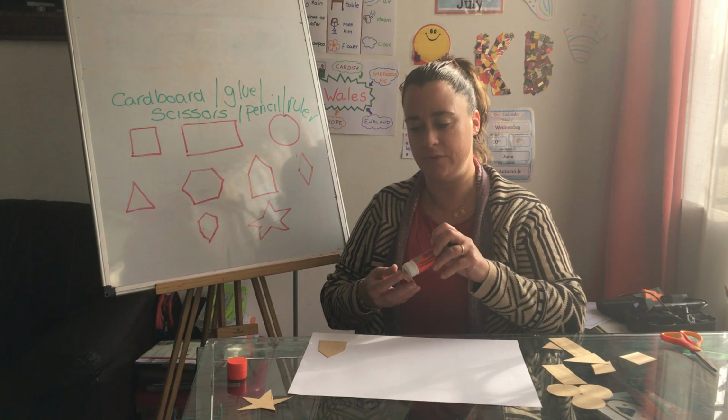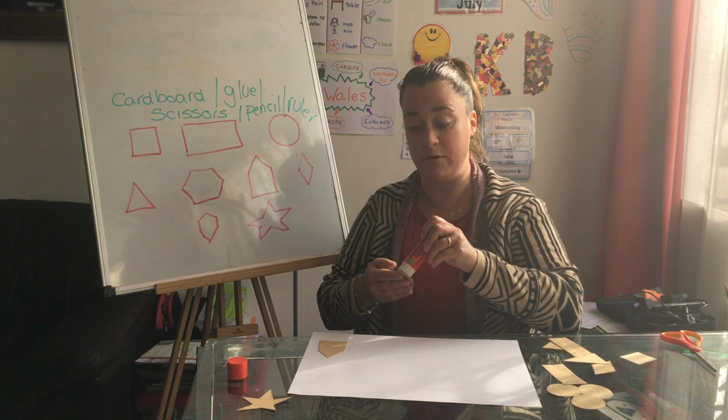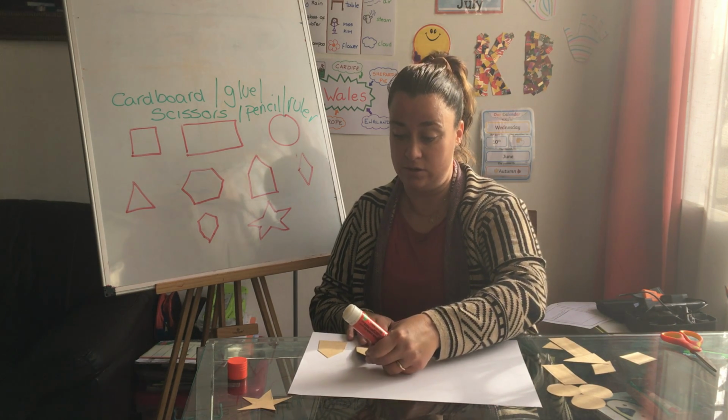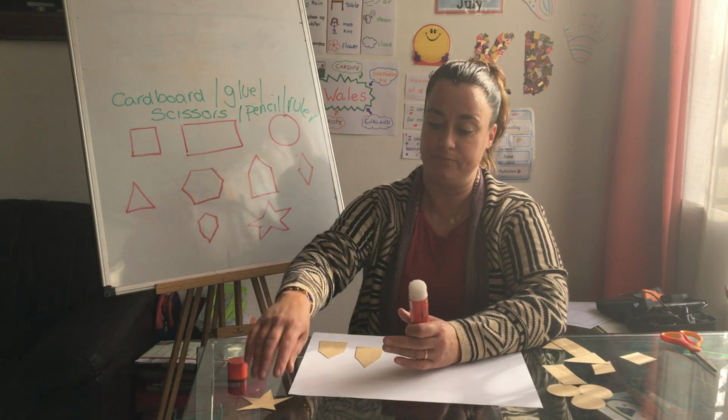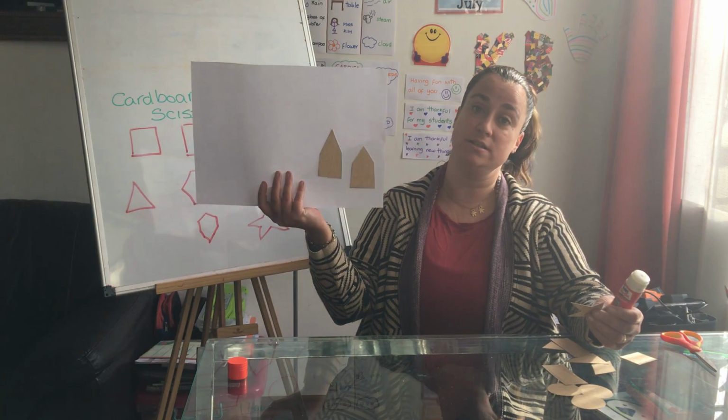Here we go, just for you to understand. Remember, I'm doing it super quick, okay? It's for you to see what I am doing. So for example, I've got my houses, right?